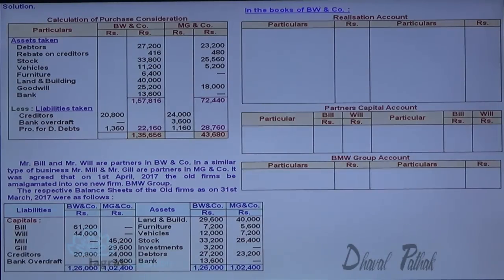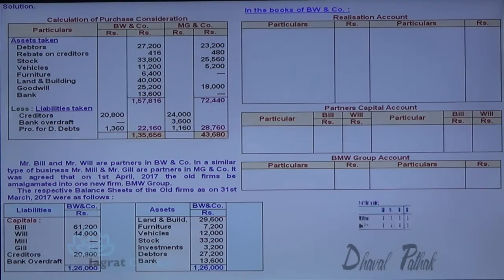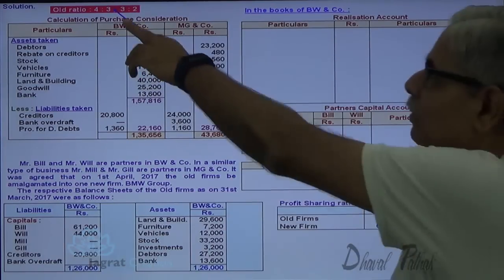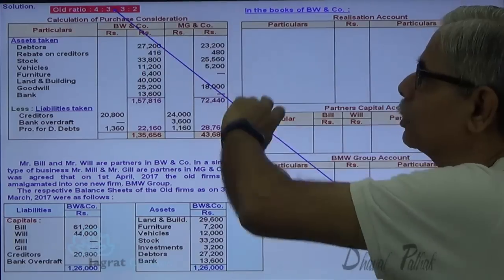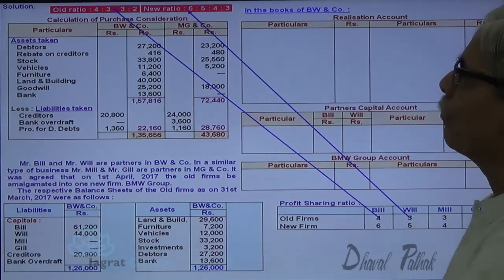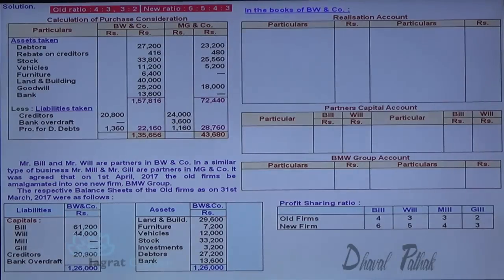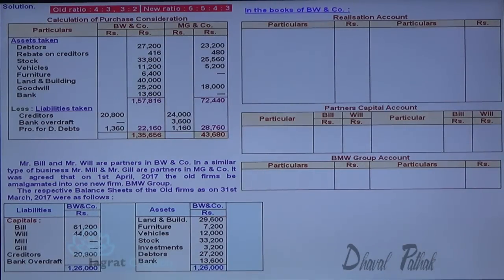So first of all, I want to take care of BW company. Here I write down the old ratio 4:3 and 3:2 for the two companies. This is the new ratio after amalgamation that I write just for my reference.